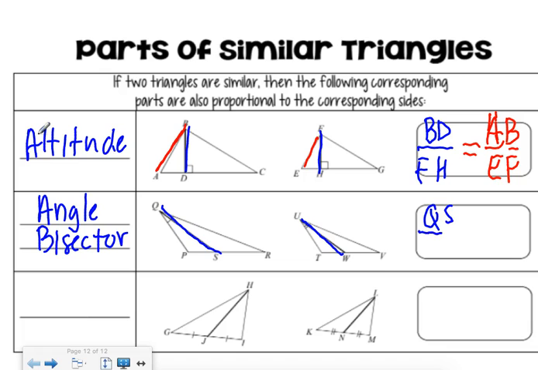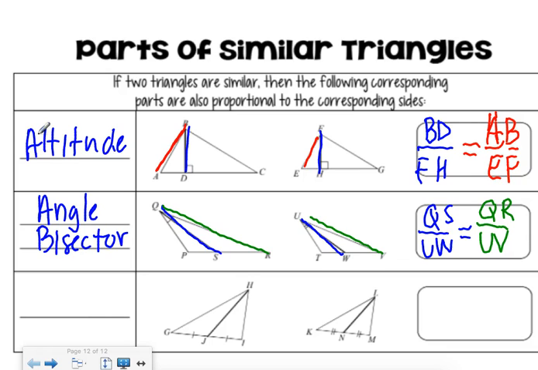QS over UW. And then again, just pick sides that match. So I could do QR. What matches QR? UV. As long as they match, that's all that matters. QR over UV.